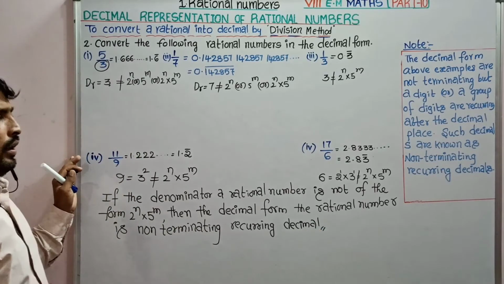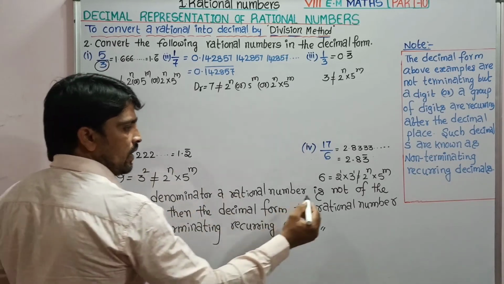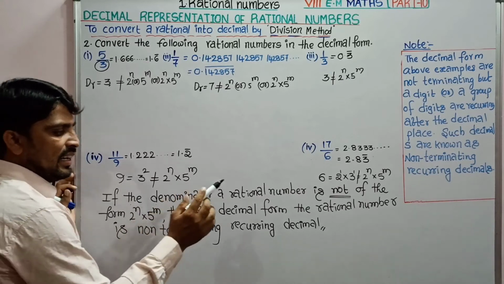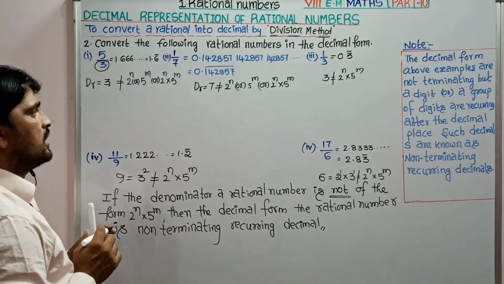And if the denominator of a rational number is not of the form 2 power n into 5 power m, then the decimal form of the rational number is non-terminating recurring decimal.